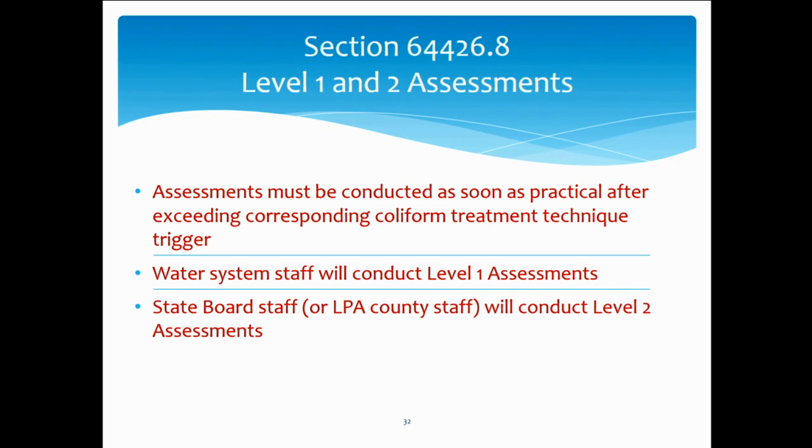The 30-day time period is pretty tight. We understand it's pretty tight, and we think it could be a problem at times. There's a provision within the federal rule that we're adopting, though, that says if you turn in an assessment with us within the 30-day period and we determine that it's not adequate, we can give it back to you and give you another 30 days.